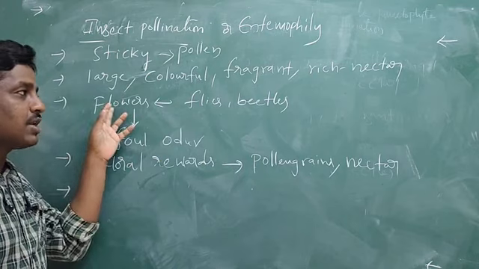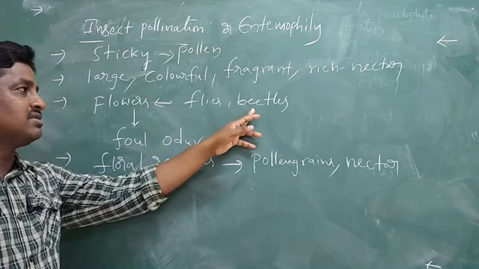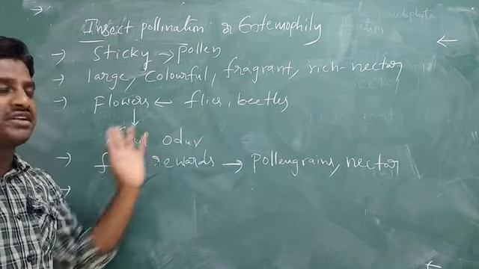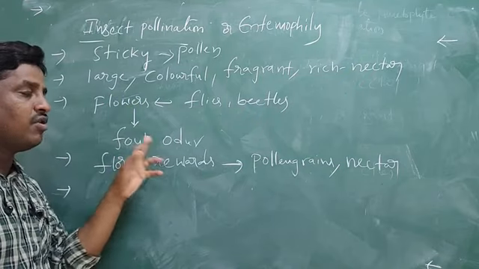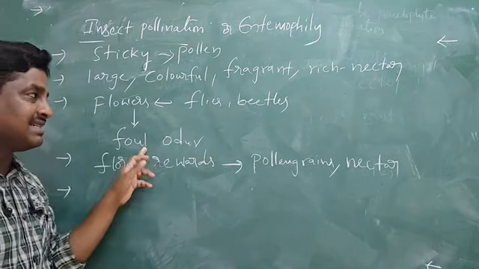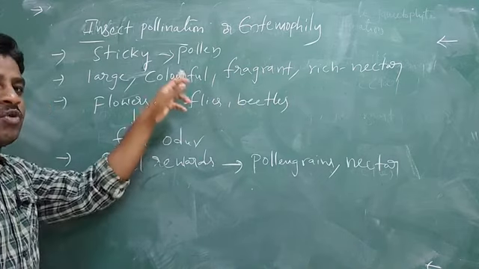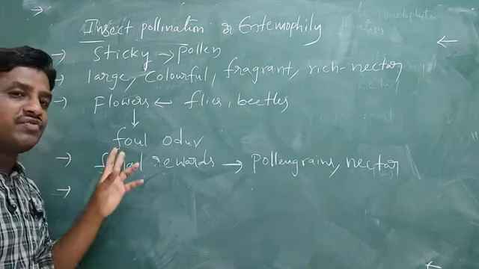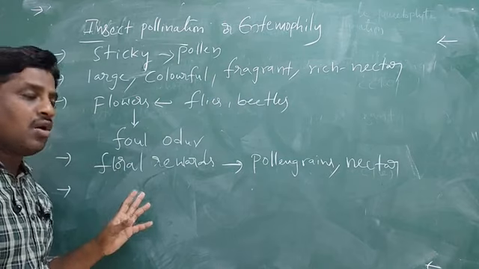And some of the flowers are pollinated by flies and beetles. How is it pollinated? The flowers secrete a foul odor. So that's why these insects are attracted, and the flowers get pollinated.